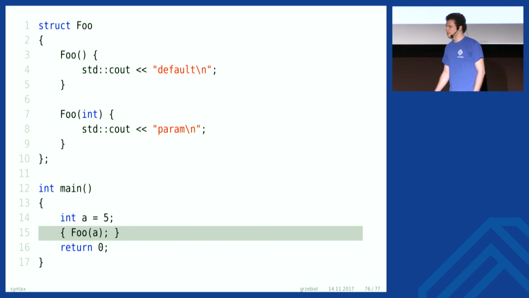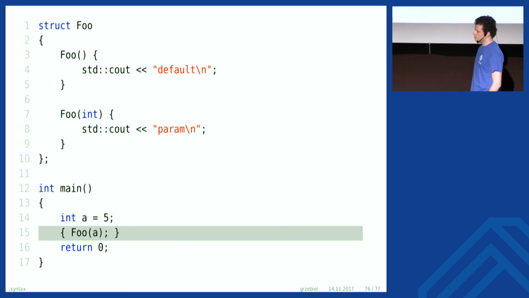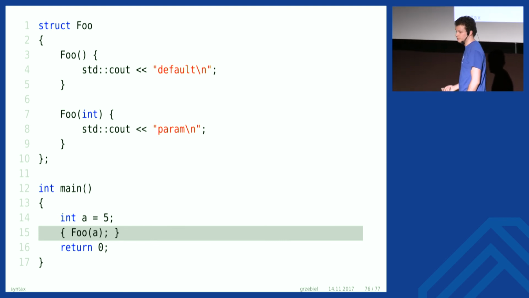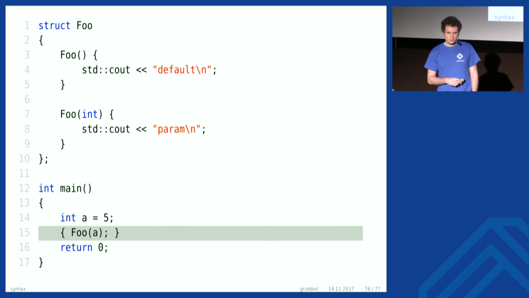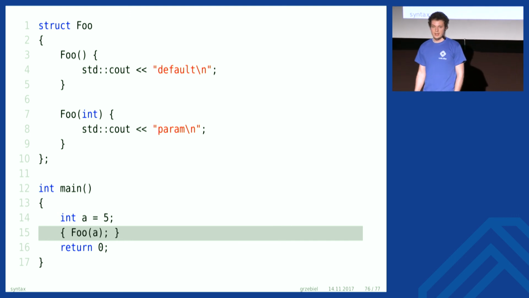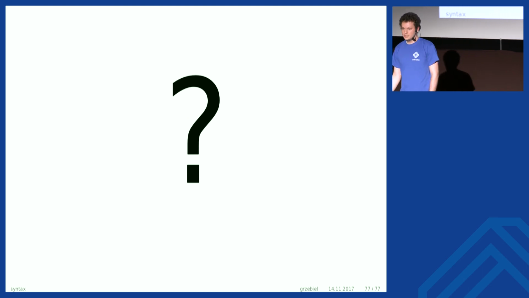So all I did is declare an object of the type foo with a name a. So if I ever had read warnings from the compiler, I would have seen that I declared a variable a that I never used. Okay, so this is pretty much the end of the talk. Thank you very much, and now it's time for questions.